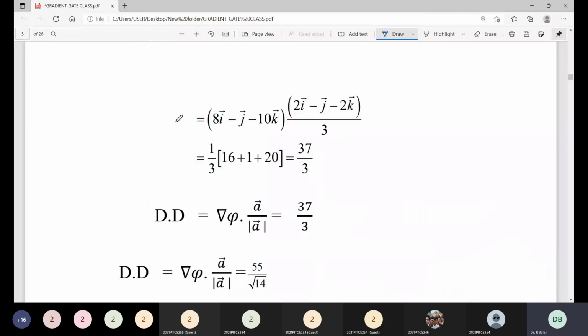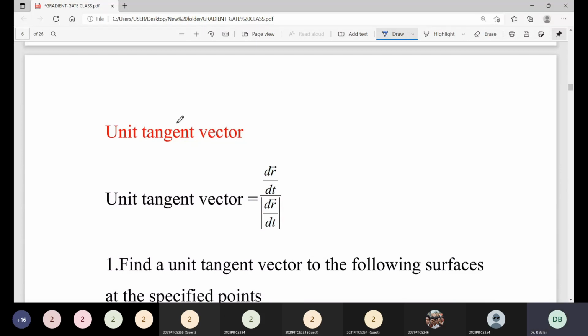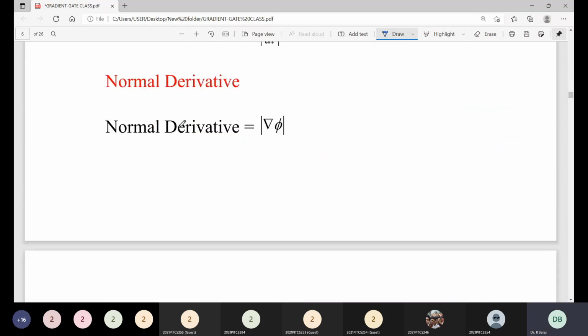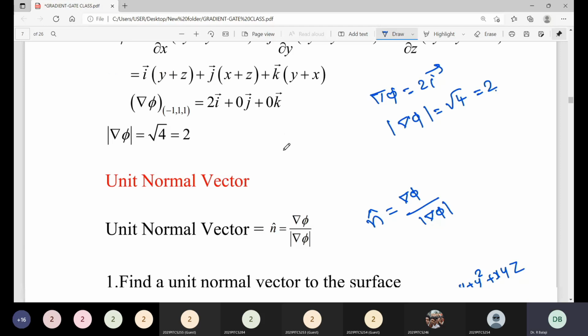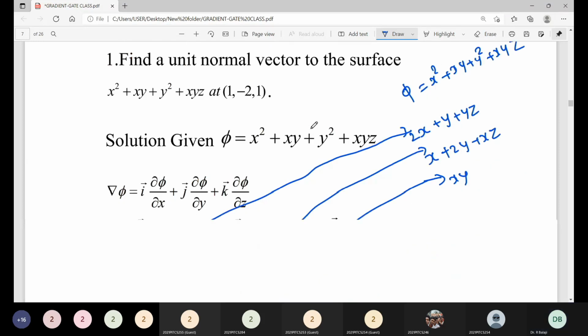Next, we have seen the unit tangent vector. After that, the normal derivative, which is modulus of del pi. Then the unit normal vector n cap is equal to del pi divided by modulus of del pi.